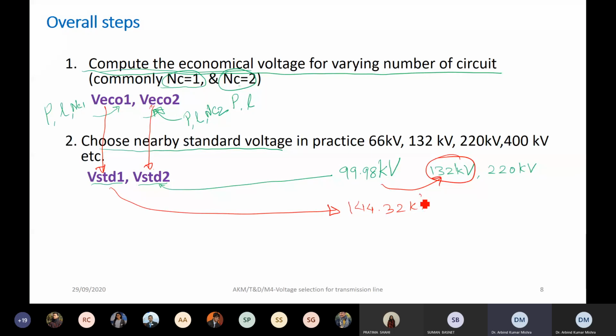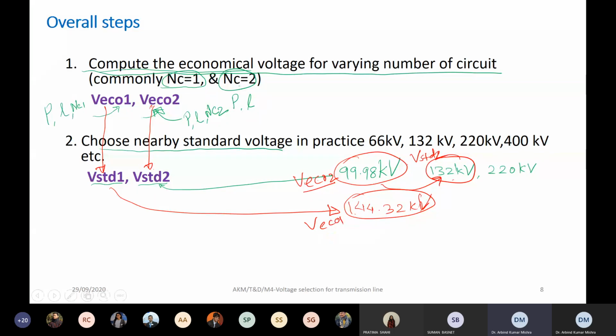So for V economical 2, there is no doubt at all: we are choosing 132 kV. So V economical 2 corresponds to this V standard 2.